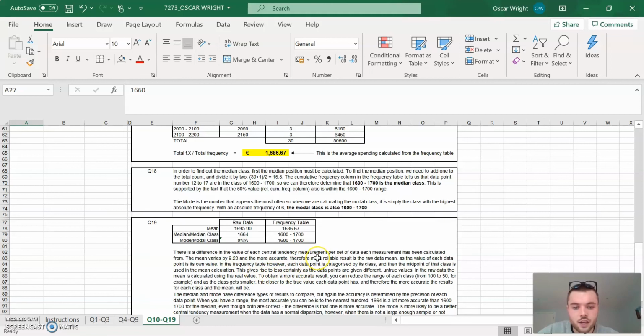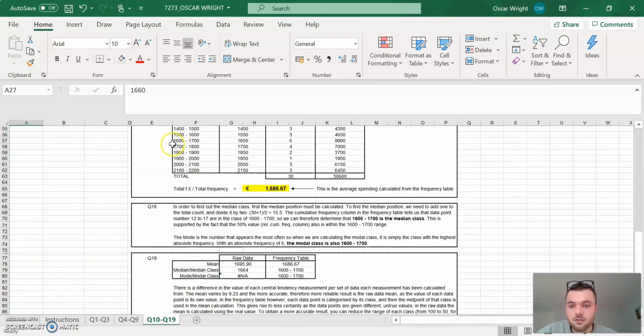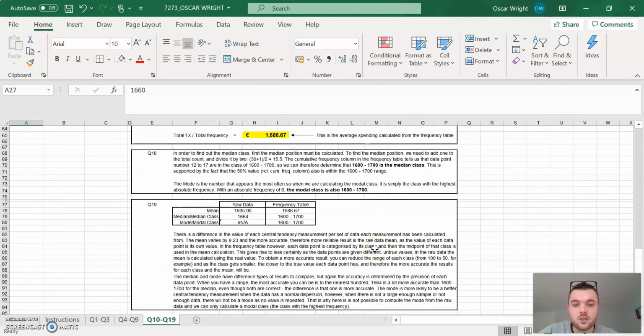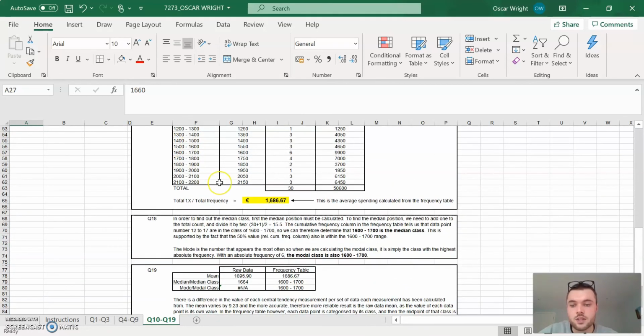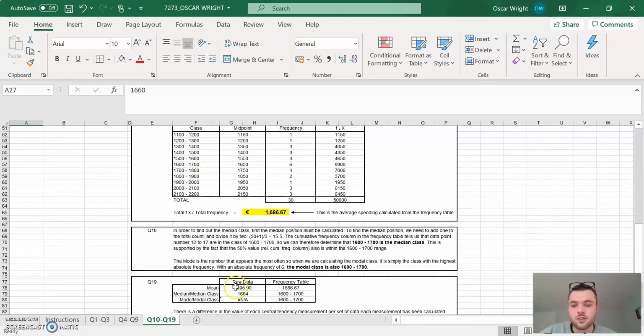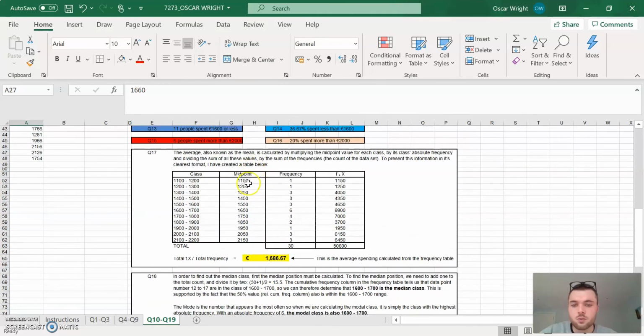To obtain a more accurate result, you can reduce the range of each class. For example, from 100, which they are now, we have gaps of 100. If we made it 50, then we'd obviously have a slightly more accurate result. And as you make those classes smaller, if we were to make it 25 or 10, then we'd have more accuracy, because the midpoint would be closer to the true value.